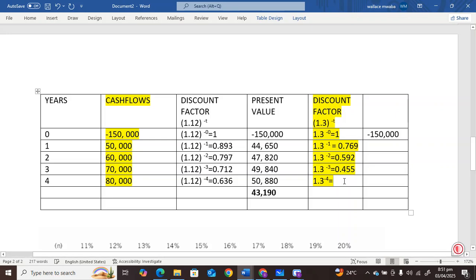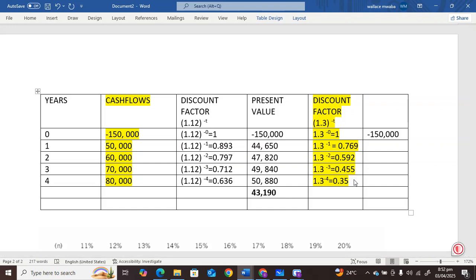And 1.3 to the power negative 4, 0.356. Okay. I think this one will get us a negative.